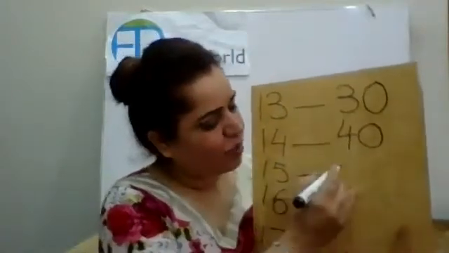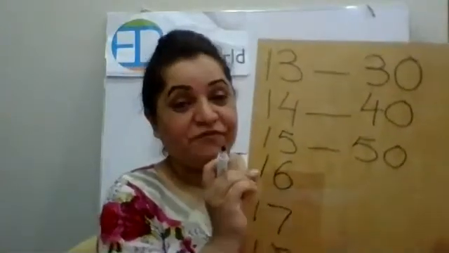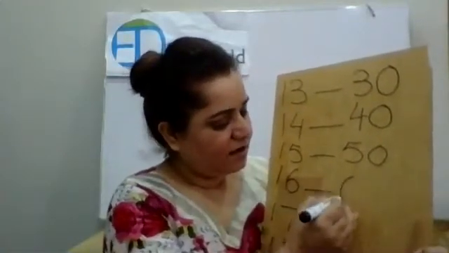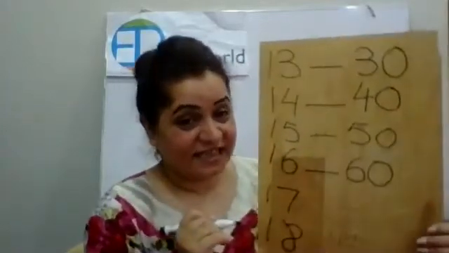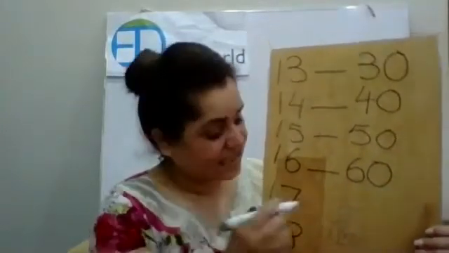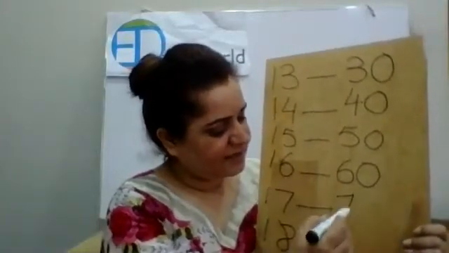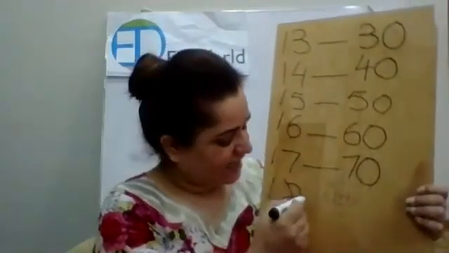So same over here. We're going to remove 1 and write 5. 50. Then we're going to remove 1. 6 and 0. 60. Remove 1, 7, write 0. 70.